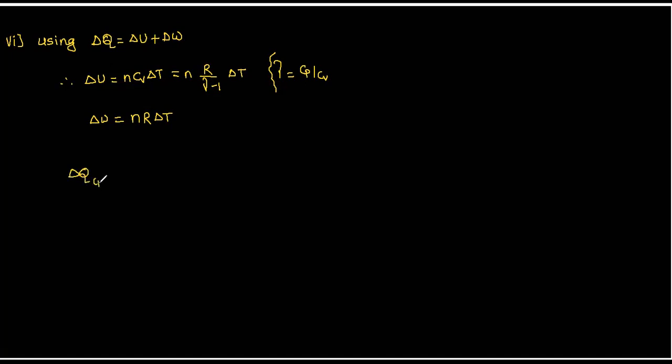Delta Q at constant pressure, because this is an isobaric process, is equal to: this delta U value, n R by gamma minus 1 into delta T, plus this delta W, n R delta T.